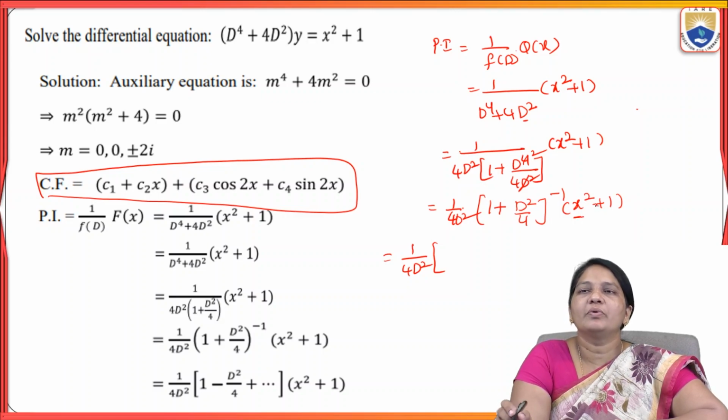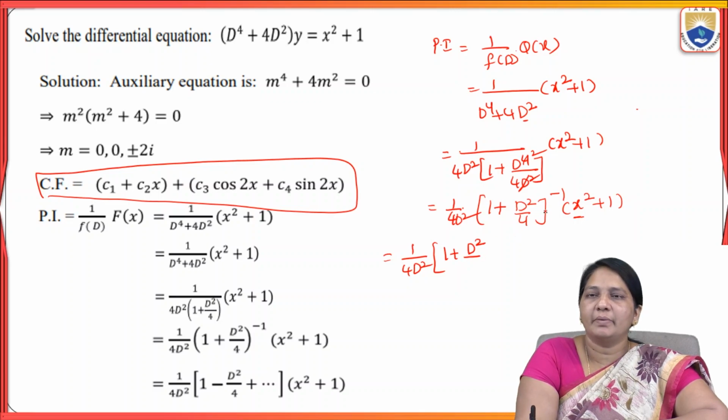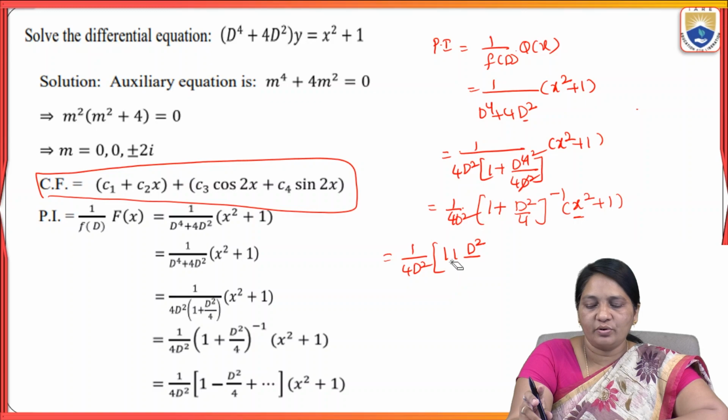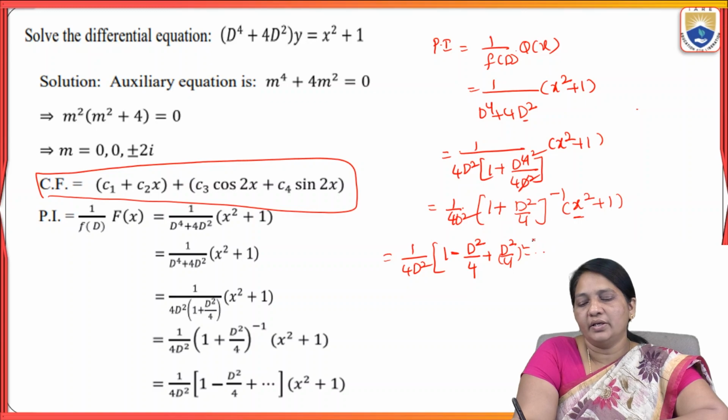For D^3 we are going to get 0. So 1 minus D^2 by 4 plus (D^2 by 4) whole square and so on, into x^2 + 1.